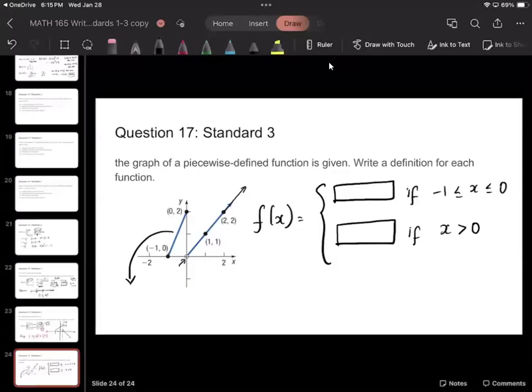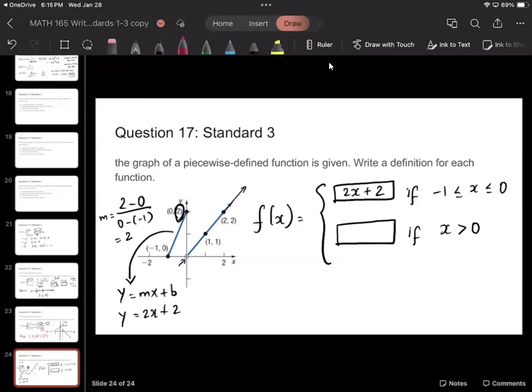To write the equation of a straight line, I need the slope and the y-intercept. The y-intercept is right here, so this part is easy. Now what is the slope of this line? y2 minus y1 over x2 minus x1 is the slope, which is 2 over 1, which is 2. So 2x plus 2 is the equation of the first line.